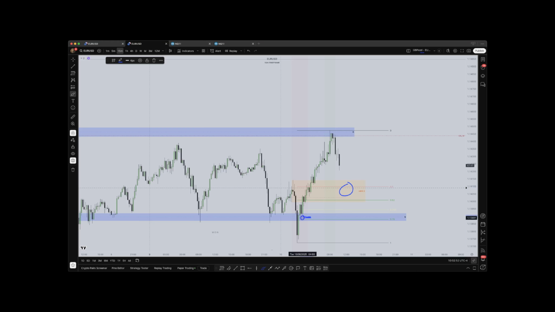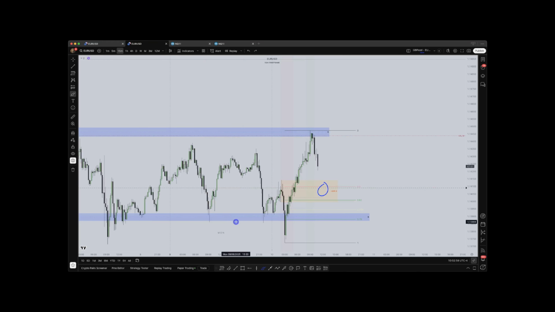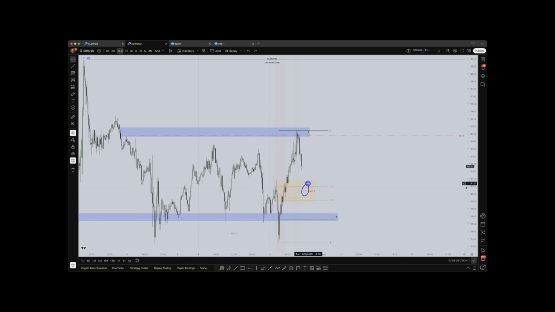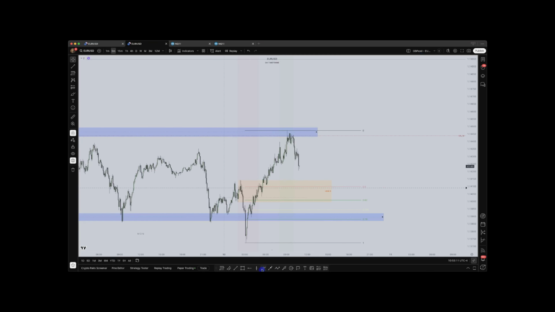I see a low here. 5 minutes will be easier to spot, you see. So this low, I will use for my stop loss. If I'm entering in this area, my stop loss I will put at this low.